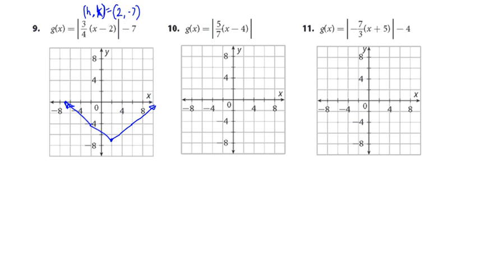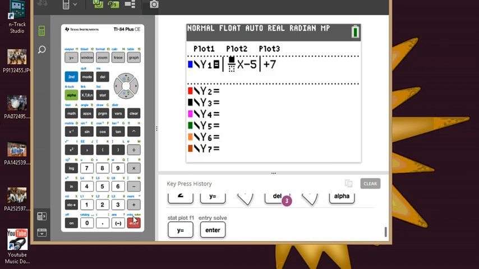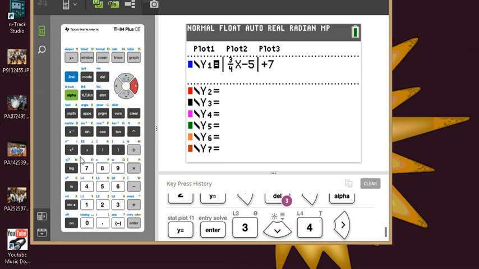Okay. Three-fourths. We're going to parenthesize here.